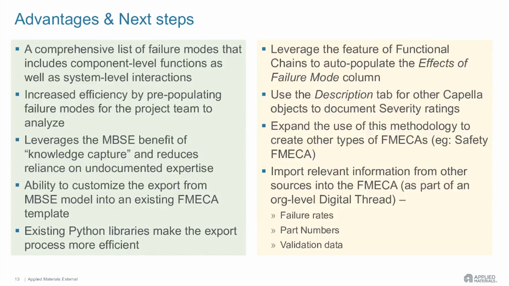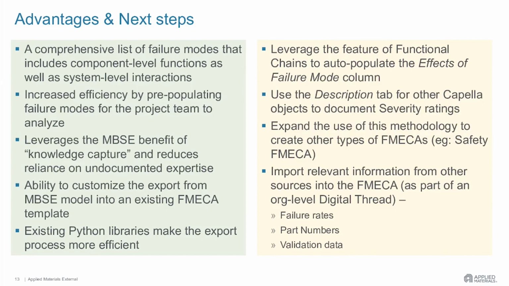Now, what are the advantages against the traditional systems? What we saw while building this method is, if we have the right model to begin with, the list of failure modes can be quite comprehensive, including all the interactions, all the component level functions, and you can have multiple views of failure modes.